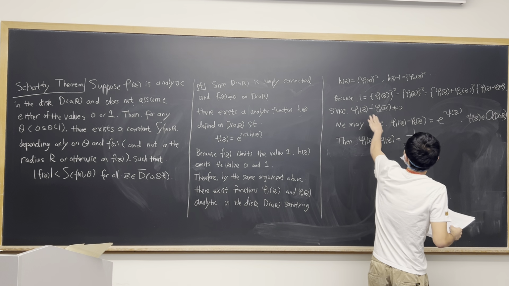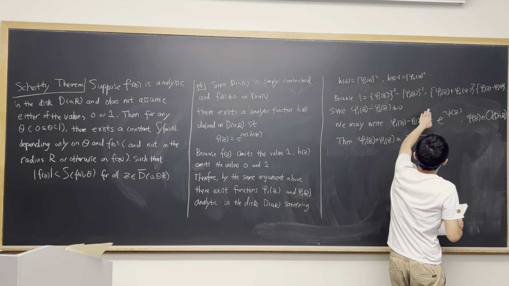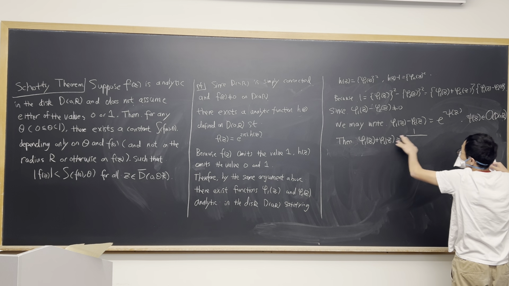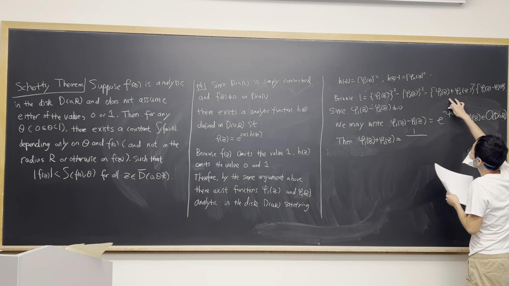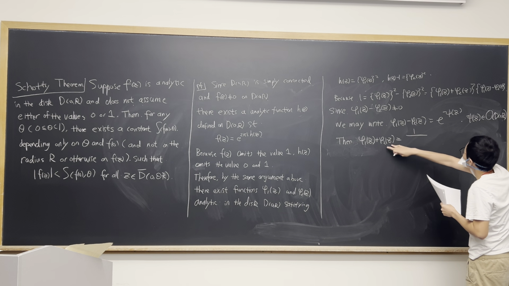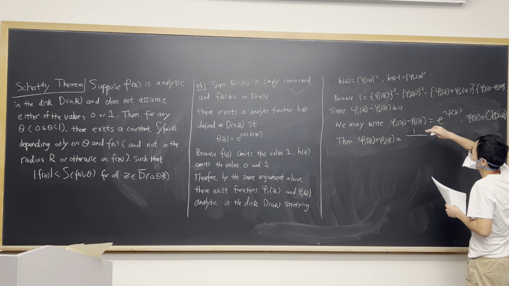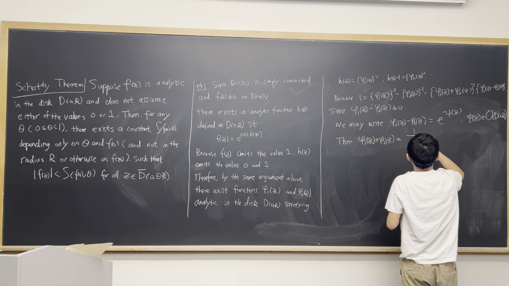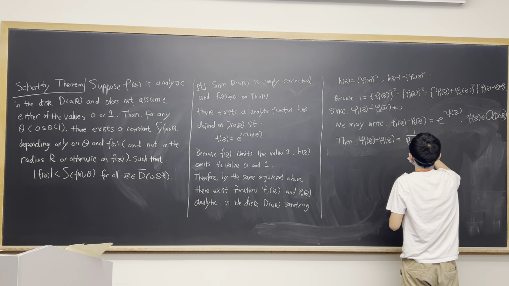Because we know that this guy times phi1z plus phi2z times phi1z minus phi2z is equal to 1.